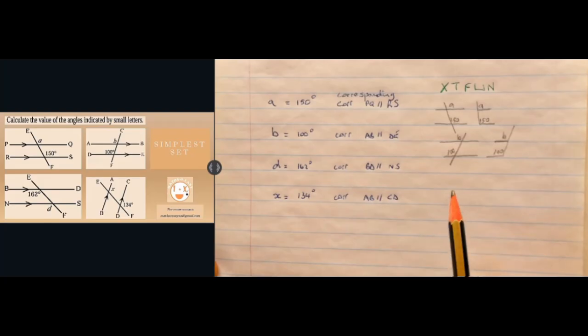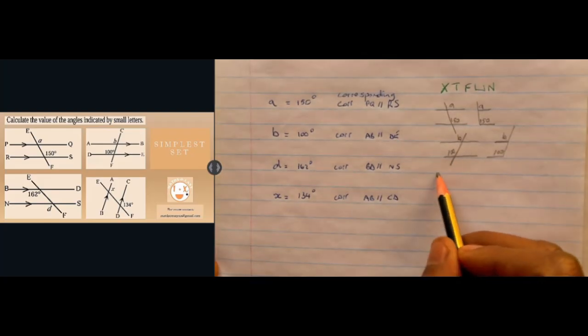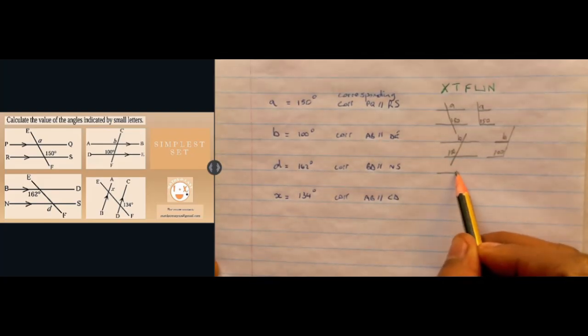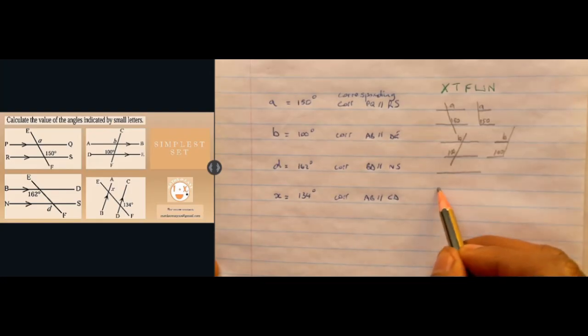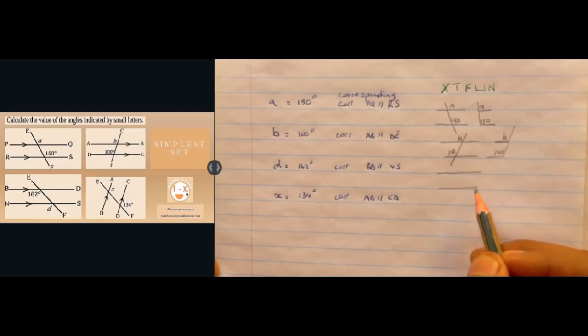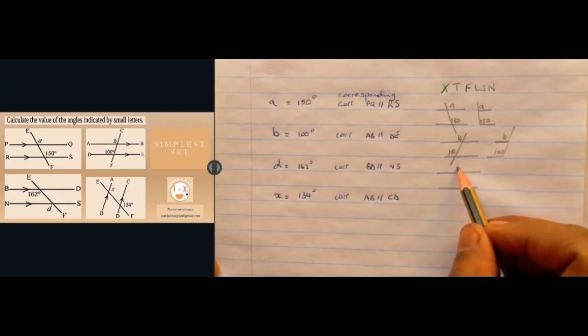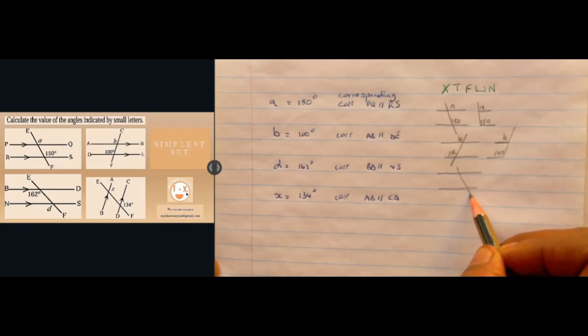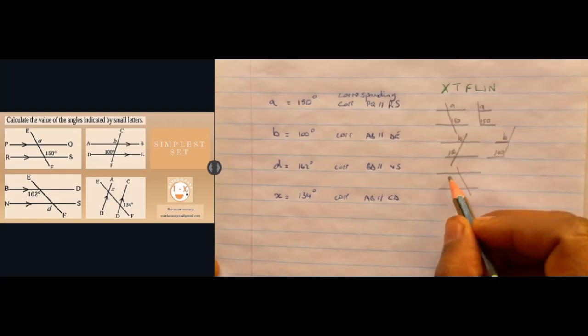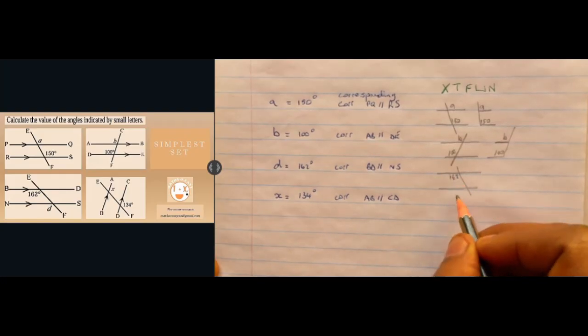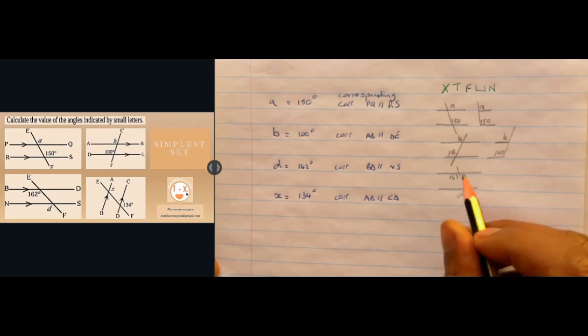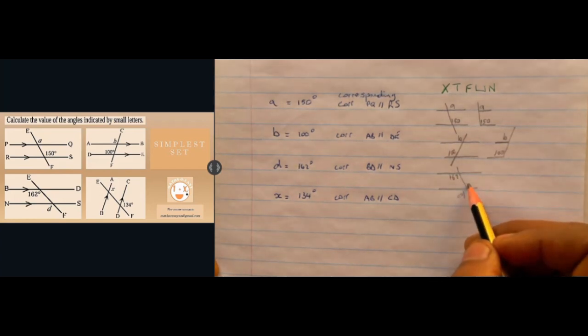Then what about the third one? In the third one, they change again. They go to the top one that we did, which had an A and a 150. But what did they do now? The 162 is here, and then the D is here. In the other one, the A was here and the 150 was there.